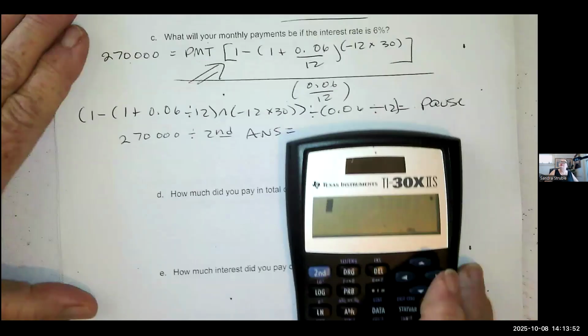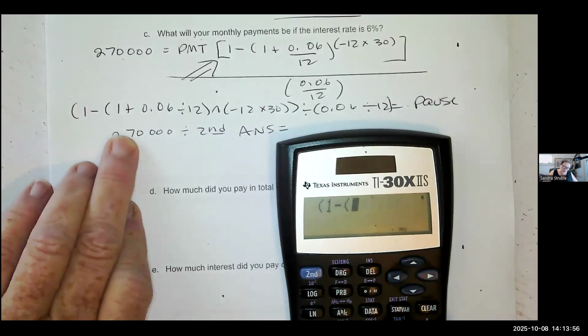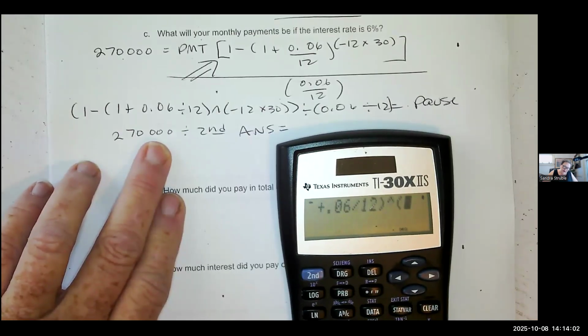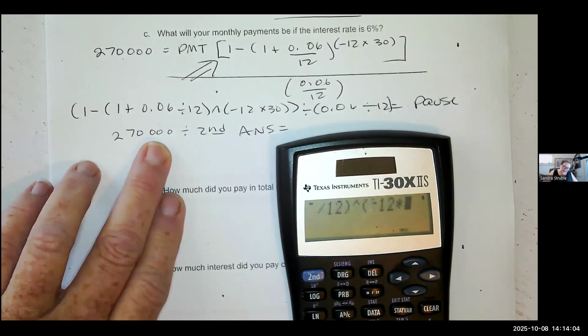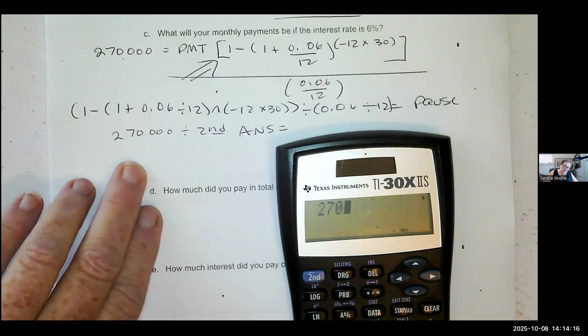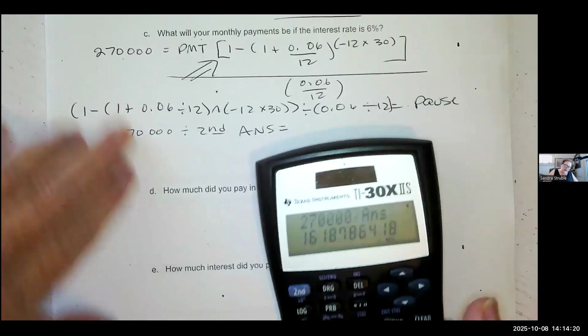If you got a weird number or it didn't work for you: open, 1 minus, open, 1 plus, 0.06 divided by 12, close, caret, open, -12 times 30, close, close again, divided by open, 0.06 divided by 12, close, equals. Pause. Now I type in the 270,000 divided by second, answer, equals.